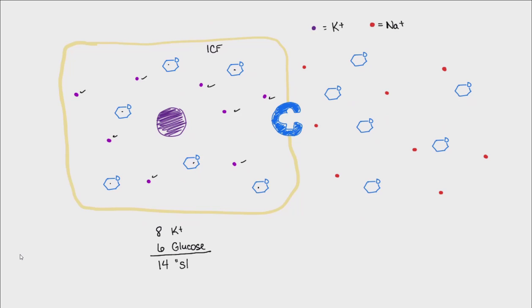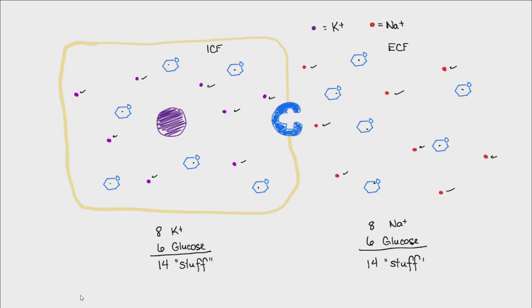We'll just call it stuff, but really it's solutes. Over in my extracellular fluid out here, I likewise have 1, 2, 3, 4, 5, 6 glucose molecules, and 1, 2, 3, 4, 5, 6, 7, 8 sodiums.